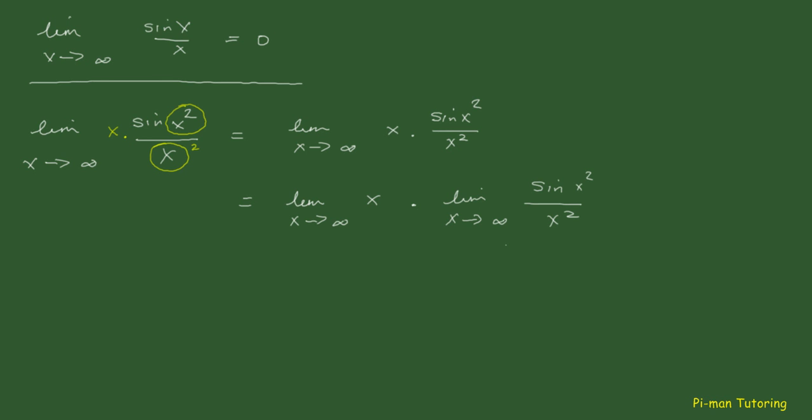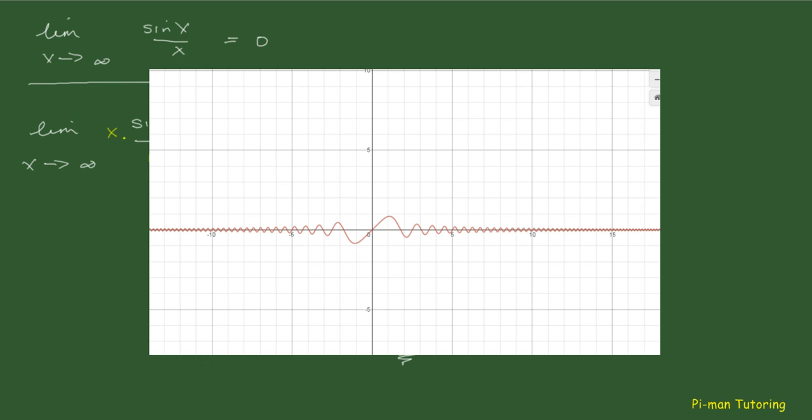And this piece produces a 0, and this piece produces infinity. Multiply by 0, you get 0. And if you actually plot that function in Desmos, you can indeed see that the sinusoidal oscillations are collapsing down towards 0 as x tends to infinity.